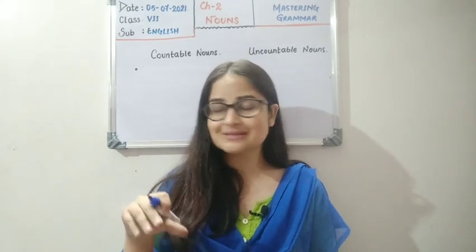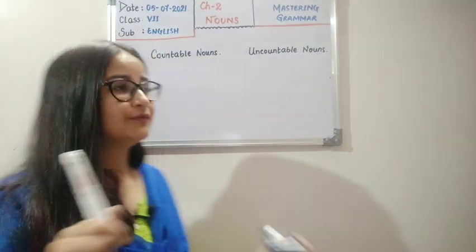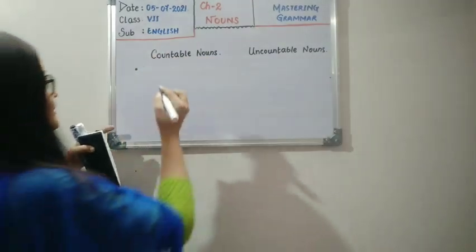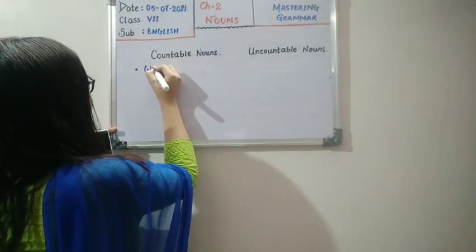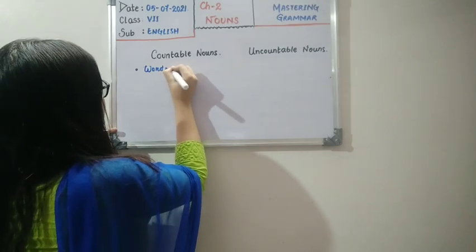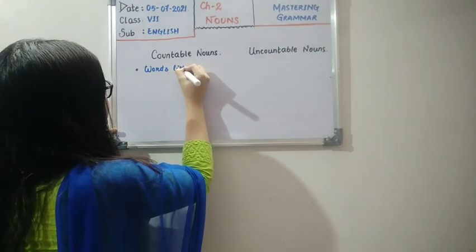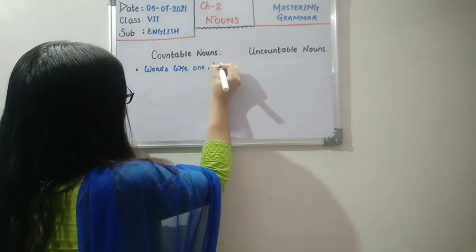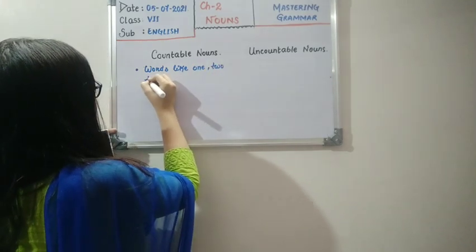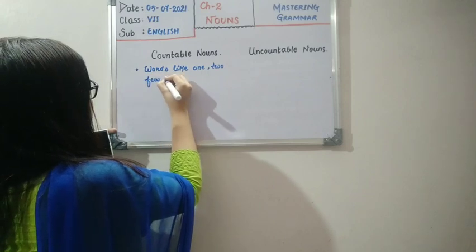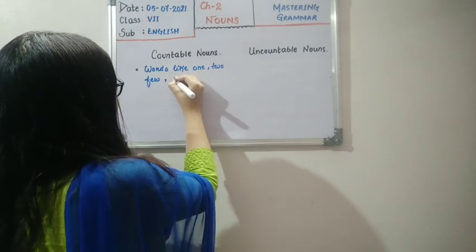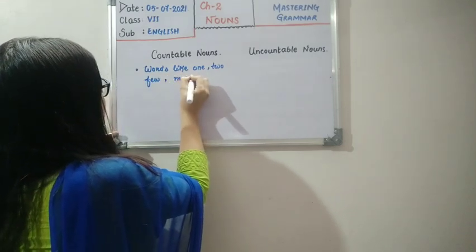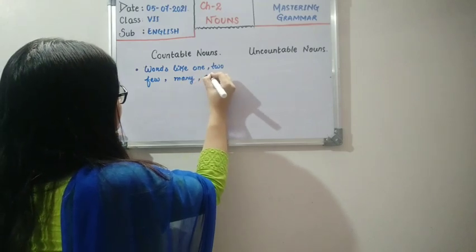So with this one, we know that we can use words like one, two, few, many, several.